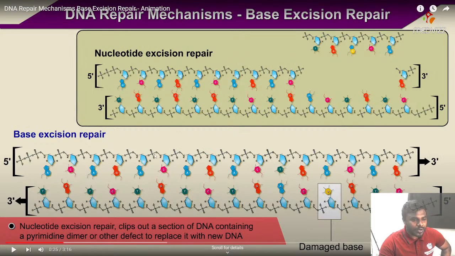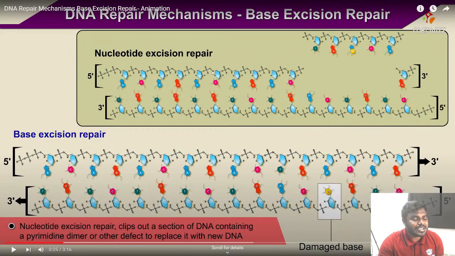In our February 2022 exam, this is the exact question we got: the differences between BER and nucleotide excision repair. Listen, in the base excision repair mechanism, we will hardly remove one or two bases or one or two nucleotides. But in the case of nucleotide excision repair, we will remove a bulk amount of nucleotides.